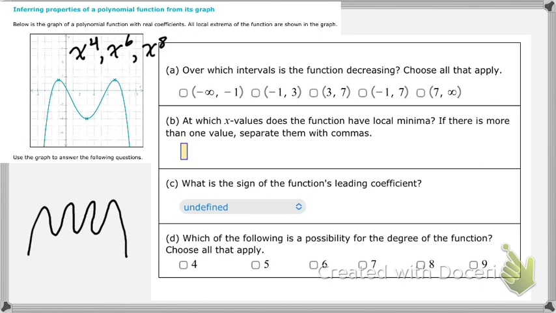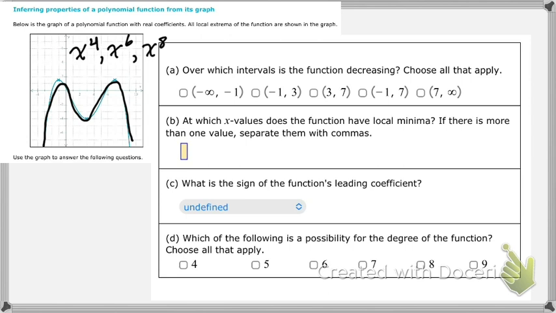So this could be x to the eighth, but that's the maximum number of changes in direction. It could have less. It could go 1, 2, 3, 4, 5, and that could be x to the eighth. So this little 1, 2, 3 changes in direction, that could be x to the eighth.